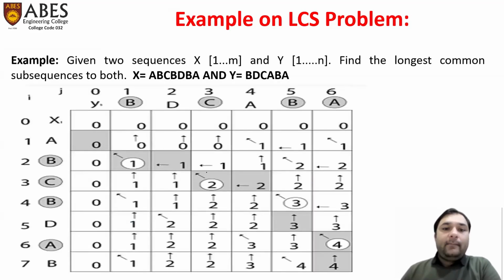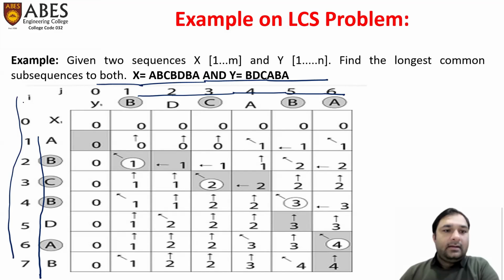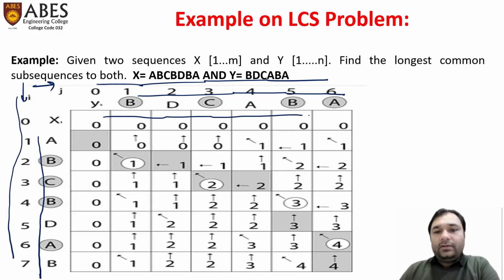Now, this is an example. If we move forward in this, we have written whole x here and whole y here. We have done the indexing from 0 to 6 here and 0 to 7 here, where i is referred as this and j is referred as this. We have initialized the first row as 0 and first column as 0.